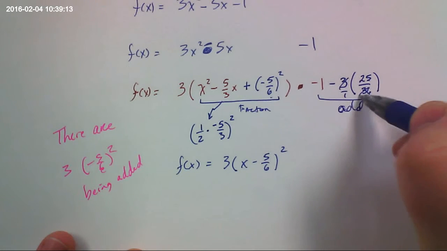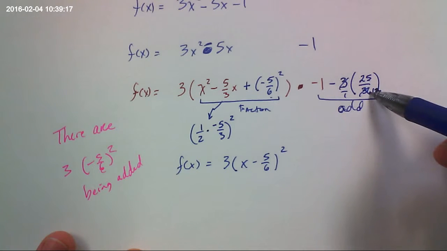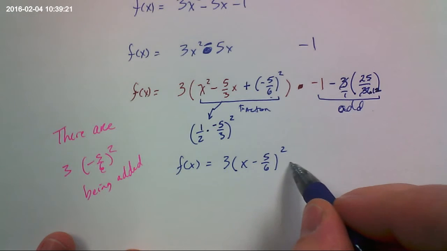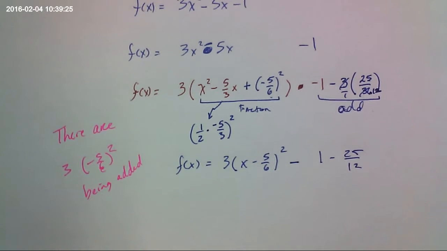All right. Let's see. That's 12, right? 3 reduces with 36 12 times. So what I really have is 1 minus 25 over 12. And I have to get a common denominator, so I have to multiply this by 12 over 12.